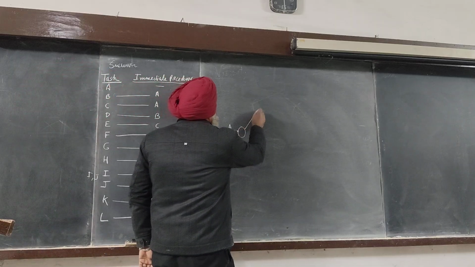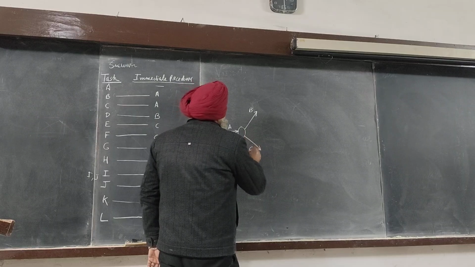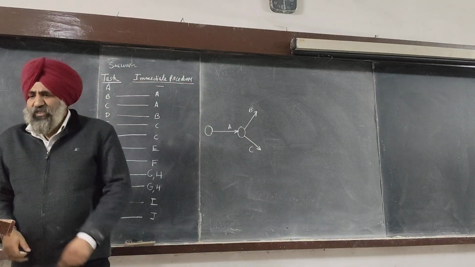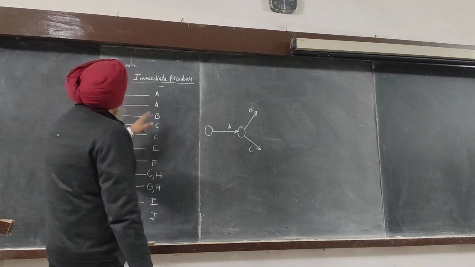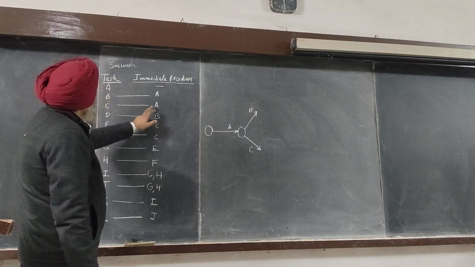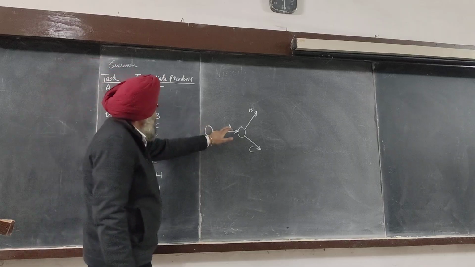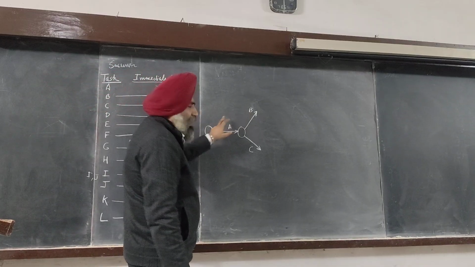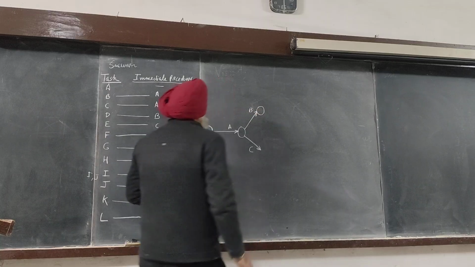Similarly, this is B and this is C. B and C are given to us. Before the start of activity B, A must be completed. Clear?